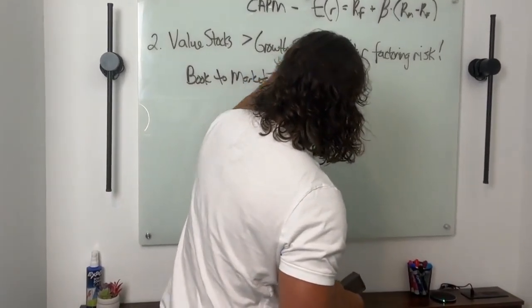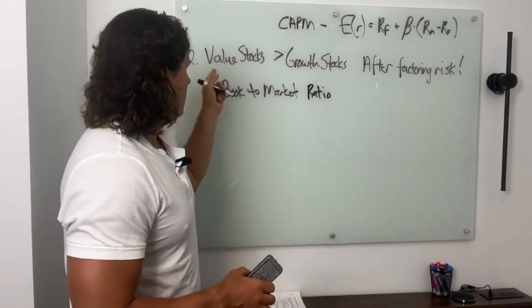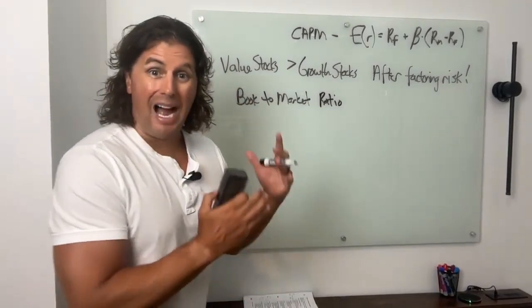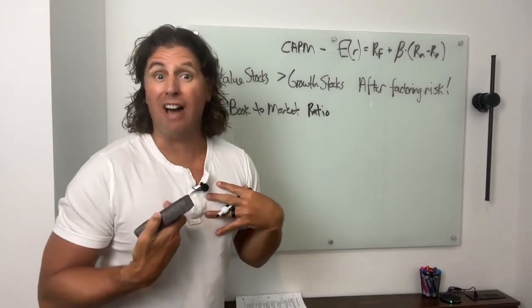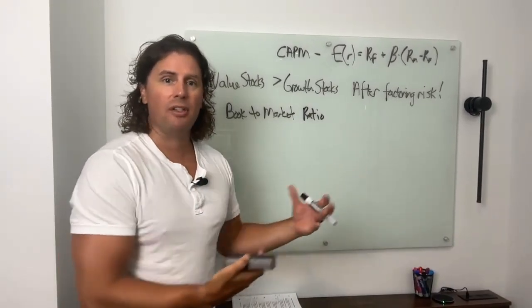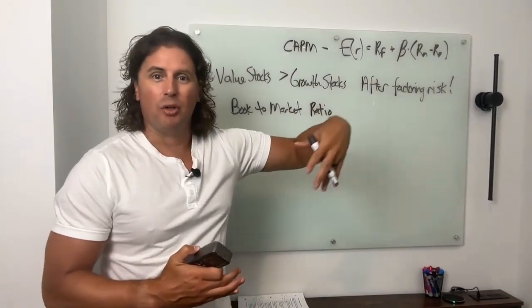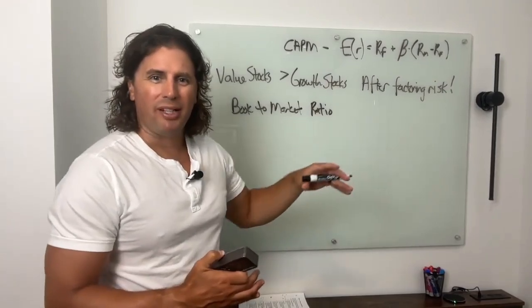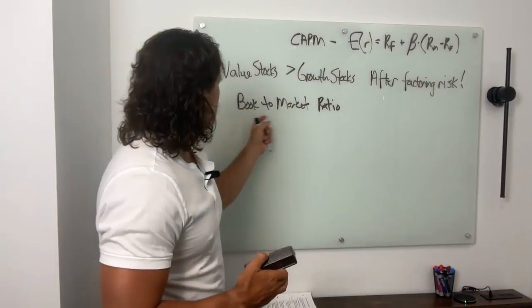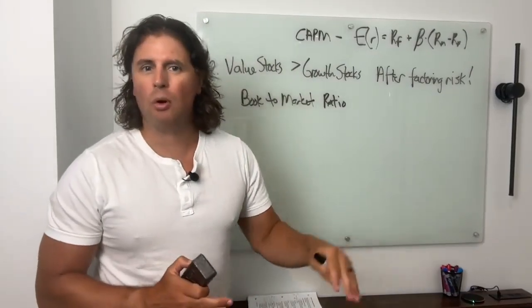This really gives us better insight into what these value stocks are: I want a good value for my purchases, or I want my investment to grow to the moon and I'm not really worried about dividends. This book to market ratio cuts through all of that.